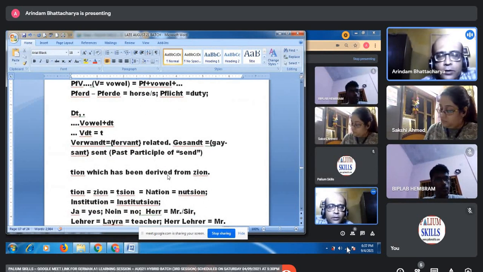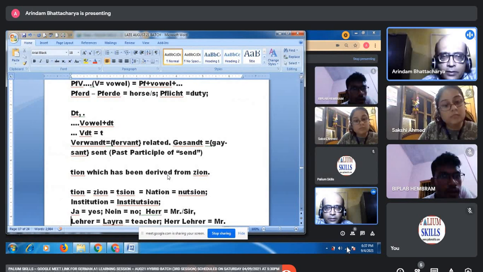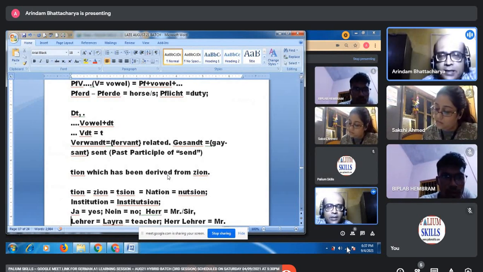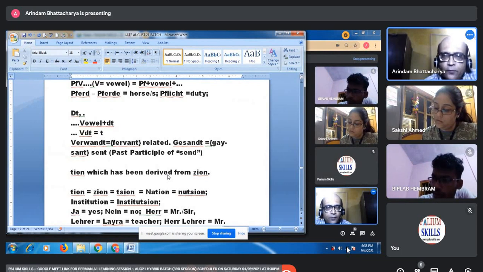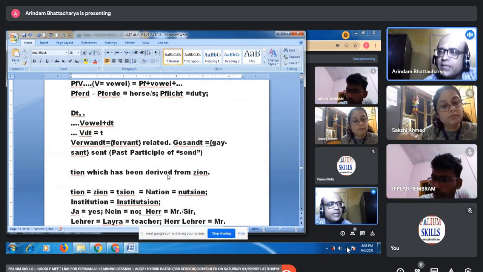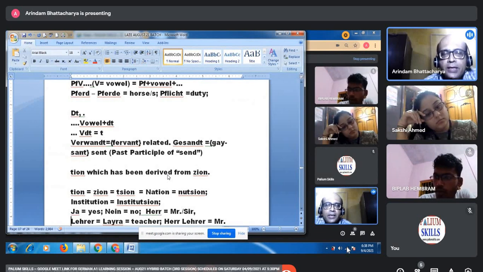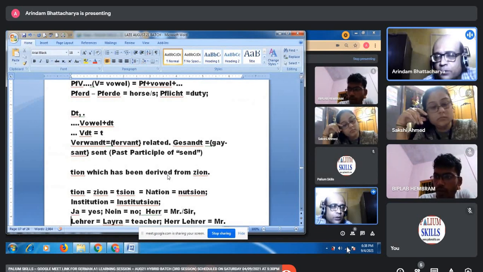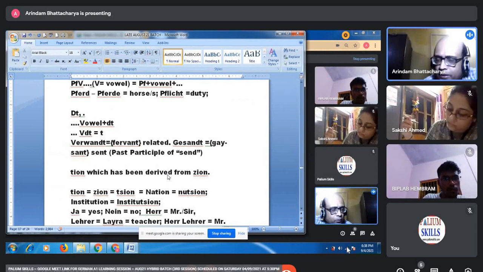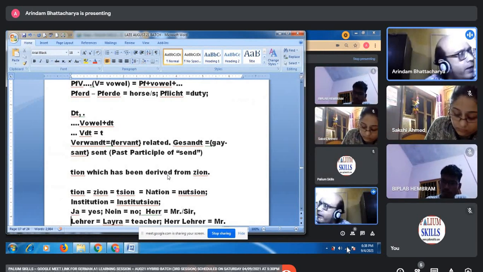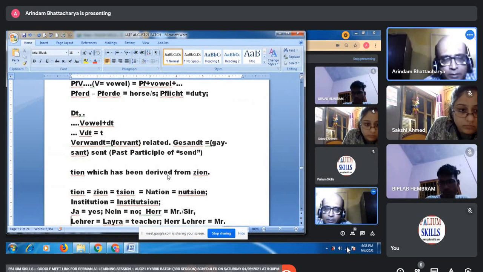Thereafter we have got ION. TION has been derived from ZION. Formerly it was ZION. Now TION has come, because English people write it with T, so TION has come, but originally it was ZION.